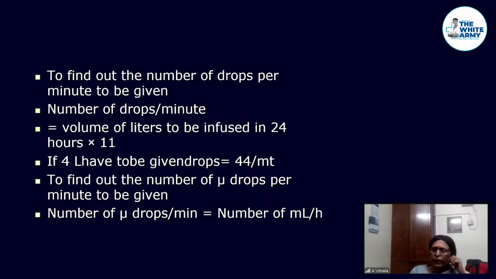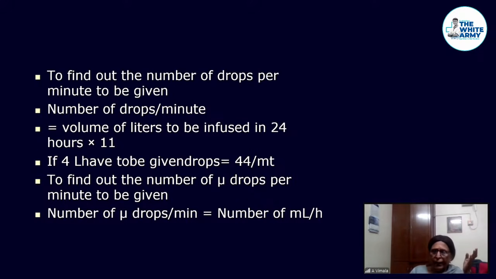If you want to use a micro infusion set, the number of drops per minute is equal to the number of ml per hour. That is, if you want to give 10 ml per hour, you set the infusion to 10 microdrops per minute. So to reiterate, if somebody has to receive 3 liters a day, then the fluid has to be given at the rate of 33 drops per minute in a macro normal infusion set.